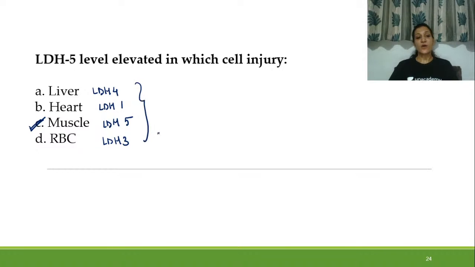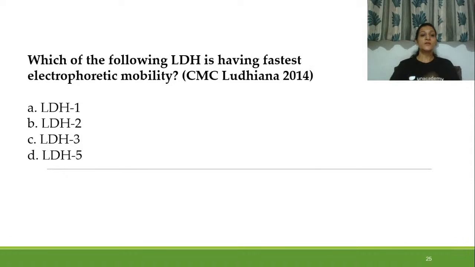So this is how the things occur, right? So LDH5 will increase in which type of cell injury? Muscular cell injury. Now, which of the following LDH is having the fastest electrophoretic mobility? So, we have seen that LDH1 is having the highest electrophoretic mobility, and the slowest amongst all is LDH5.